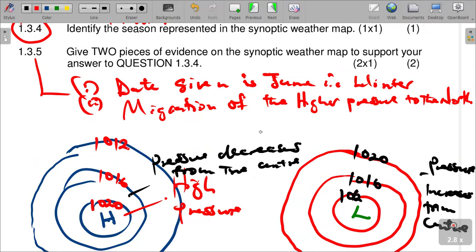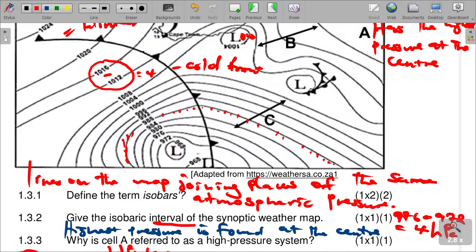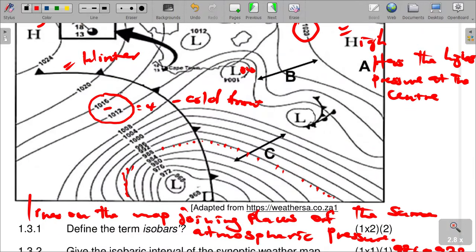And then we can also talk about the presence of the cold front that I was talking about. We are given a cold front here.